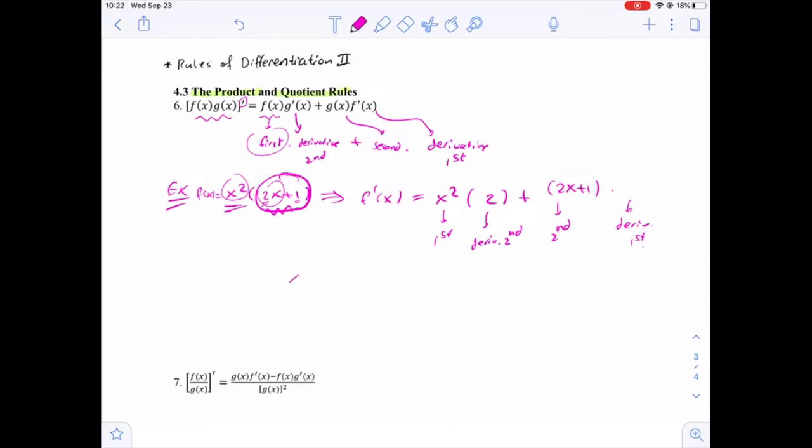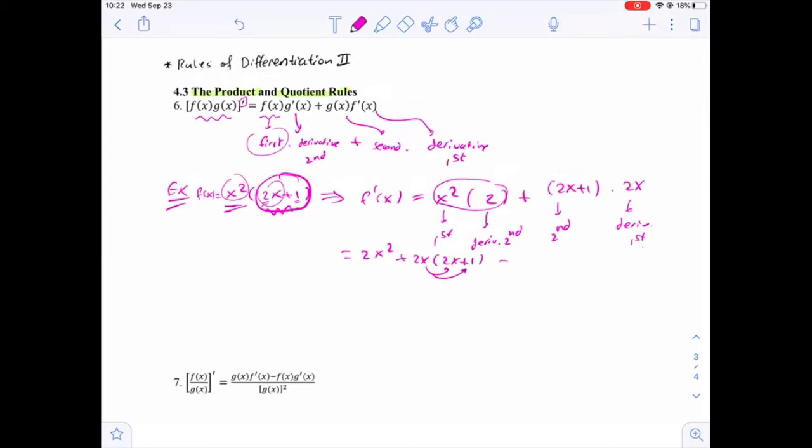What is the derivative of the first? The first function is x squared. What is the derivative of x squared? It's 2x to the power 1, so just 2x. Good. And then we can simplify. We get x squared times 2, plus 2x times 2x plus 1.